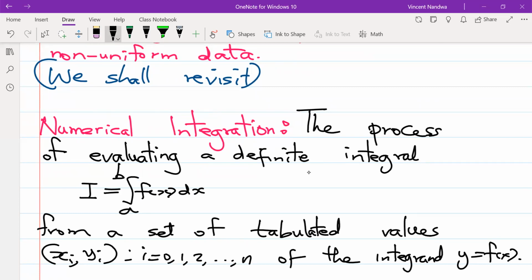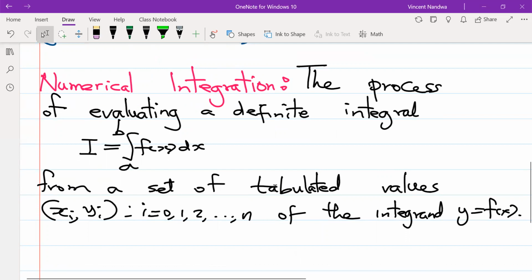So the process of evaluating a definite integral in the interval, integral from a to b of f of x dx, for a set of tabulated values is called numerical integration.